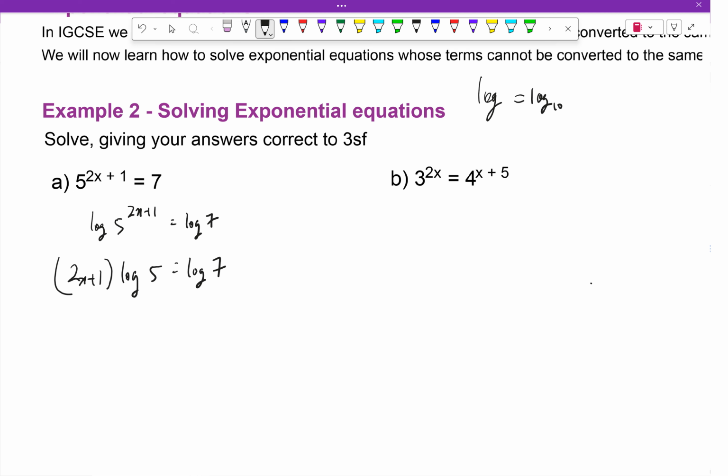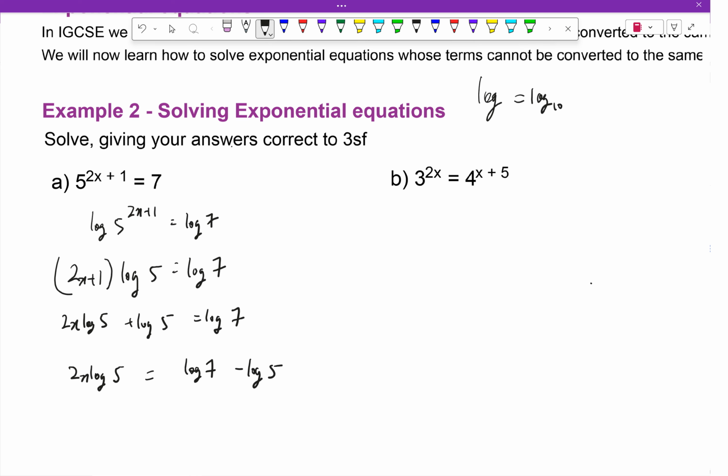Okay, so if that's the case, well actually we can just expand. We can first expand 我们的这一个 equation. 2x log 5 plus log 5 equals to log 7. So 2x log 5 equals to log 7 minus log 5.